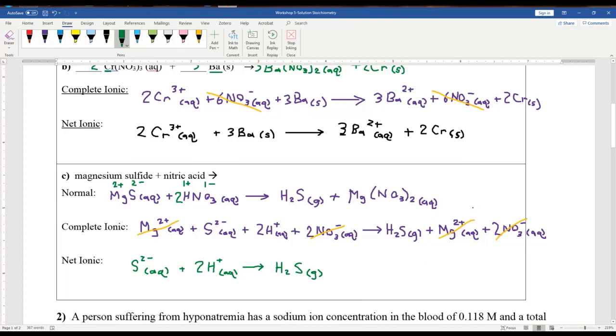What do we call people who watch sports but don't actually play them? Spectators, right? So these are spectator ions. They just kind of sit back and watch the reaction happen, but nothing really happens to them.